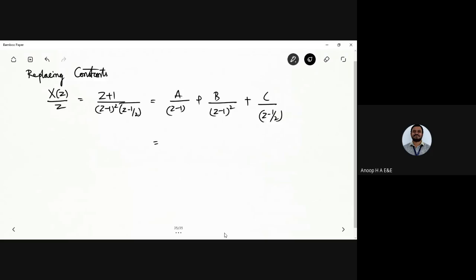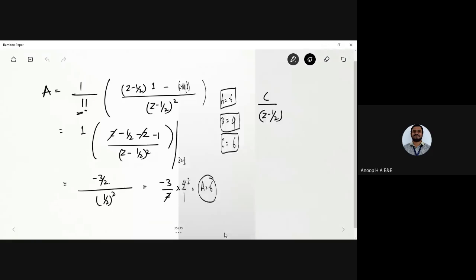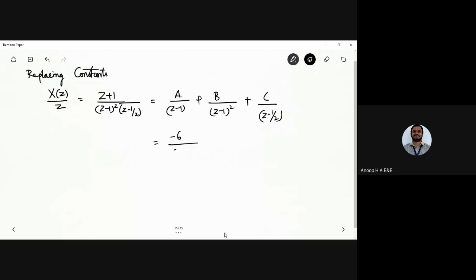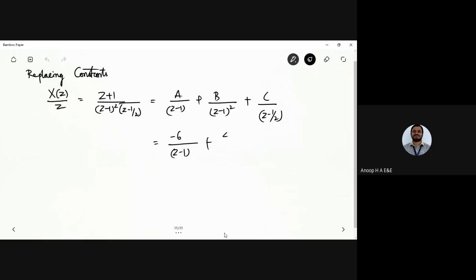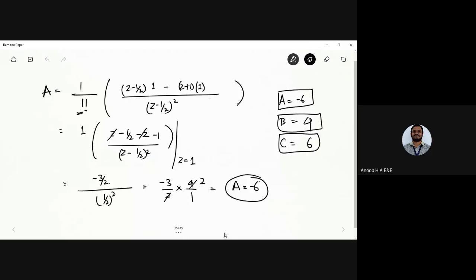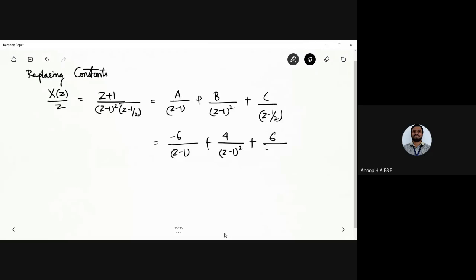Minus 6 divided by z minus 1 plus, what's the value of B? Be careful. B is said to be 4 divided by z minus 1 the whole square plus, what's the value of C? The value of C is said to be 6 divided by z minus 1 by 2. Okay, so these are the constants after replacing A, B and C.